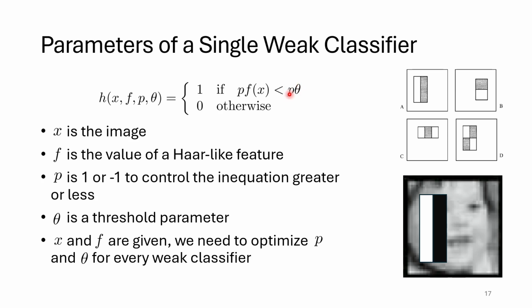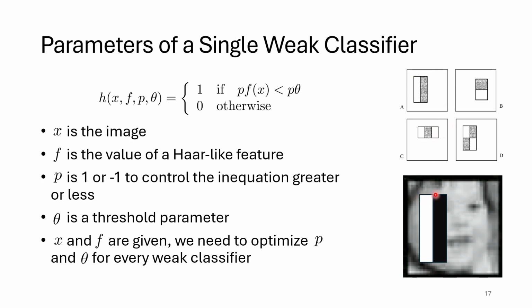They set the P, and P is just a direction to control whether it is greater or less. And theta is the threshold. So they brute force search all possible theta and the possible shapes of the 4 types.